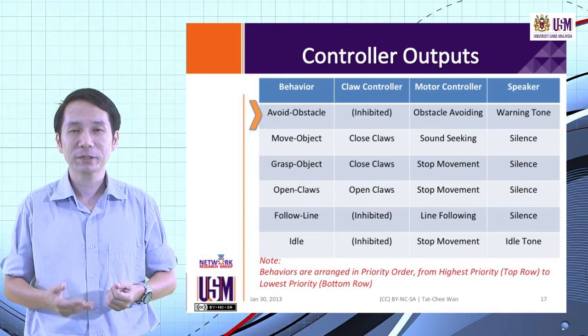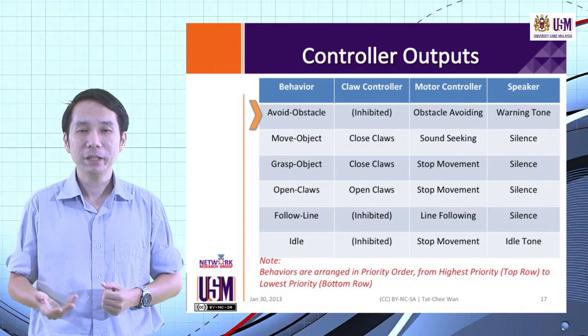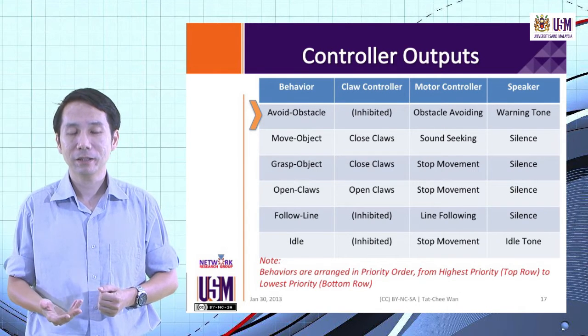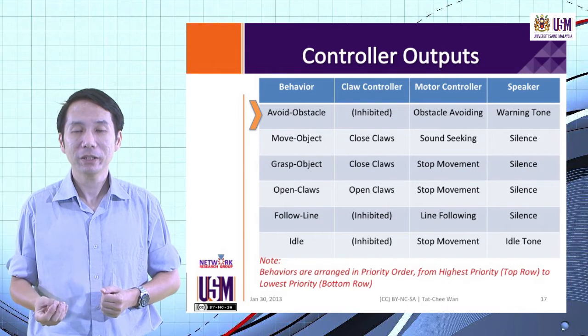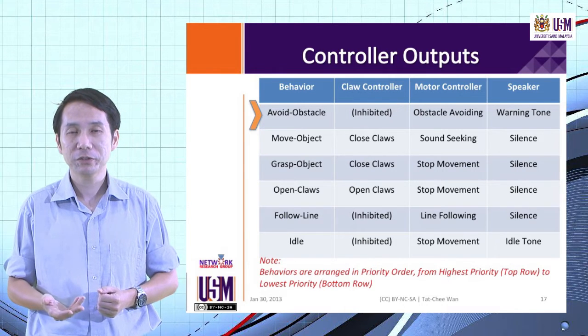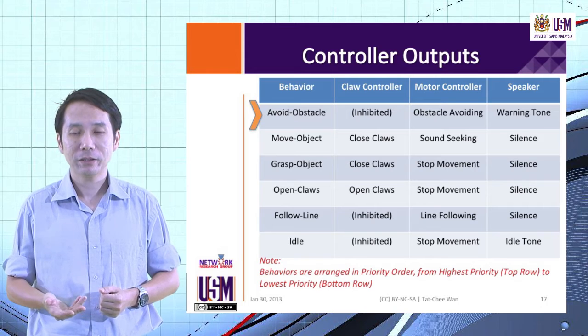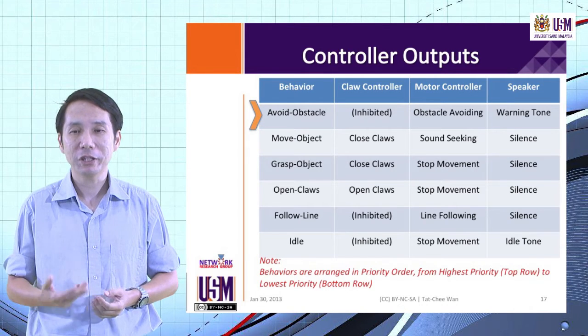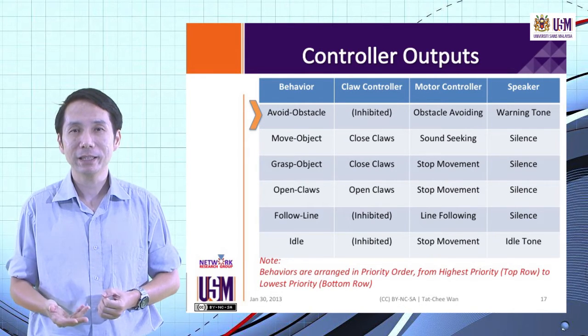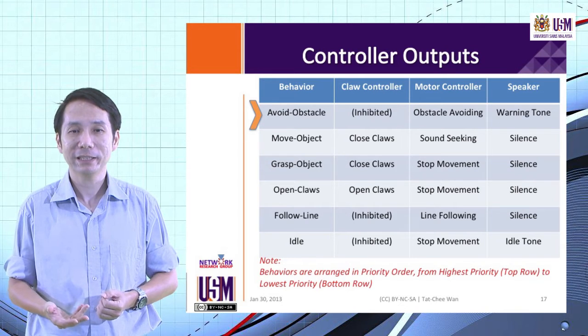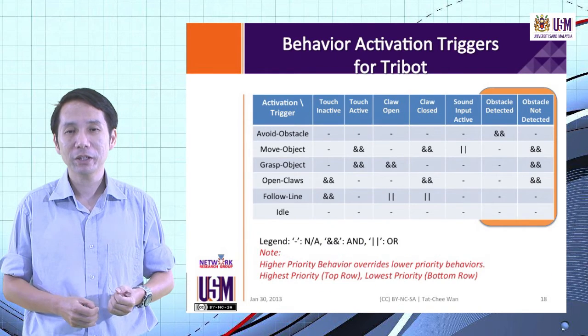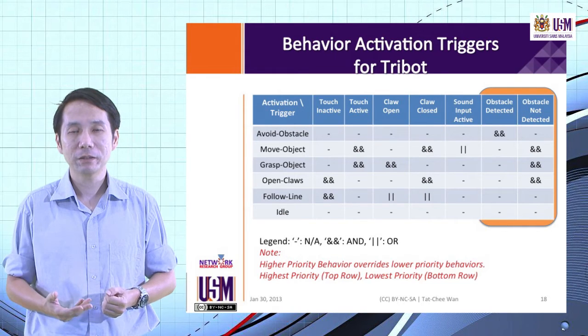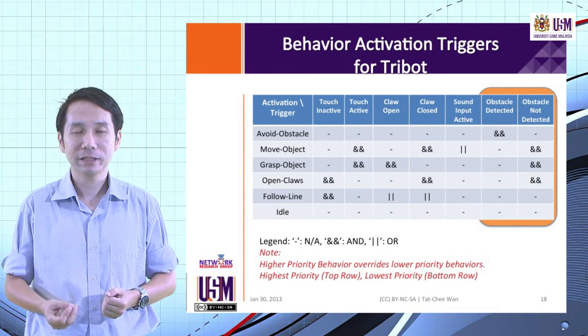So for the avoid obstacle behavior, the main action of the behavior is to avoid an obstacle by moving the wheels backwards. At the same time, the speaker will also generate a warning tone to indicate that the avoid obstacle behavior is active. The avoid obstacle behavior is triggered by the variable obstacle detected.